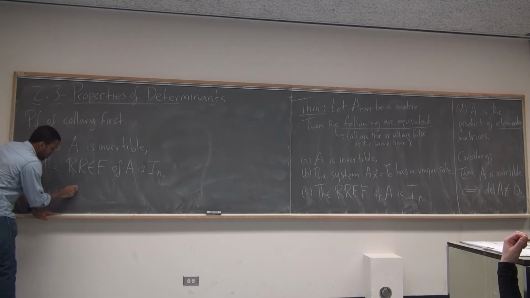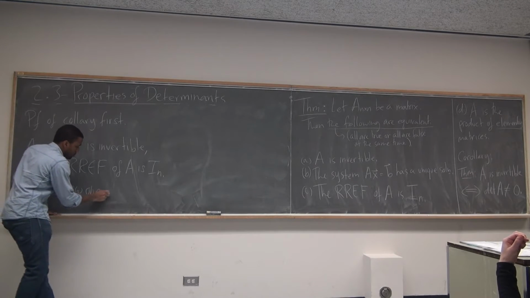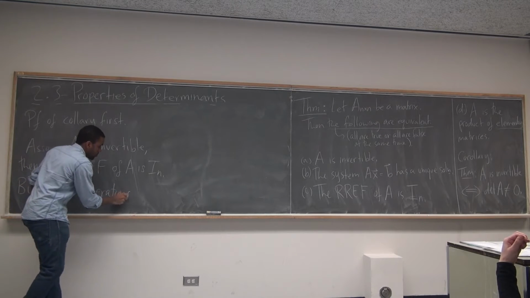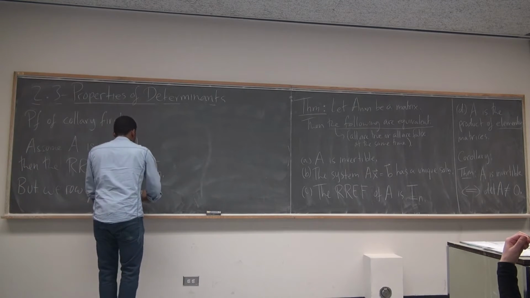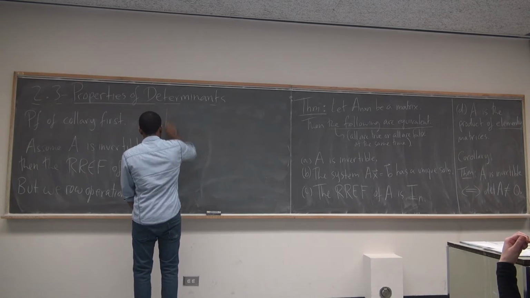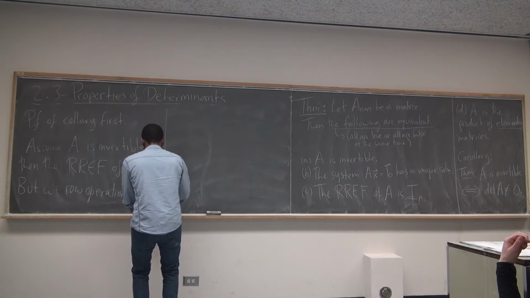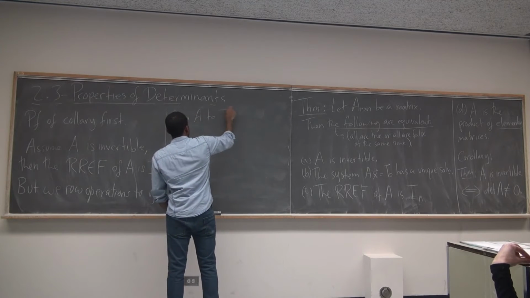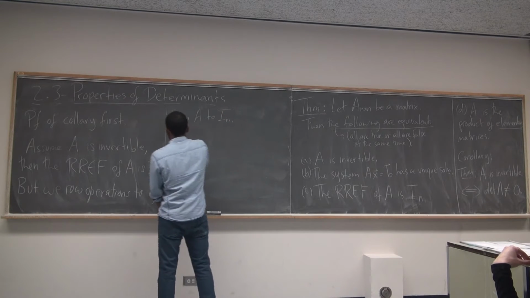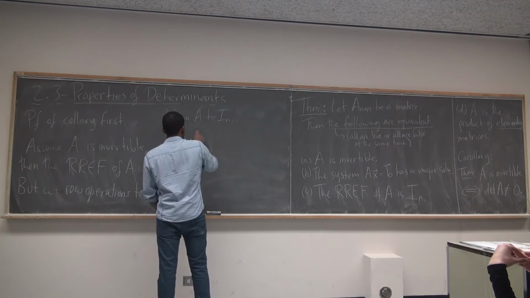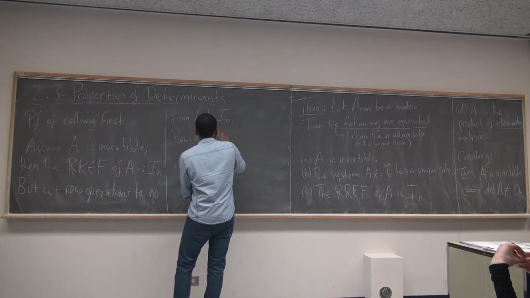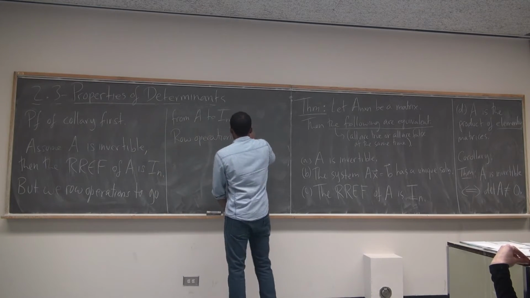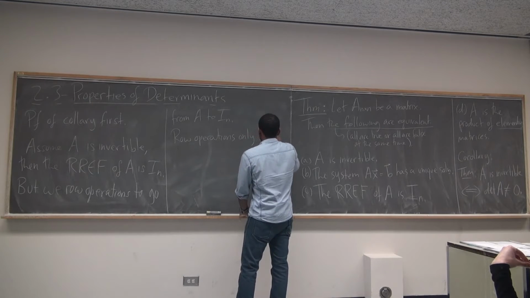But we use row operations to go from A to the identity. Row operations only scale a determinant.